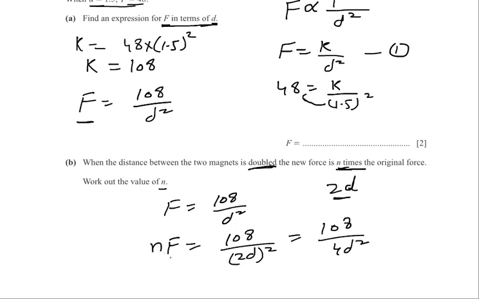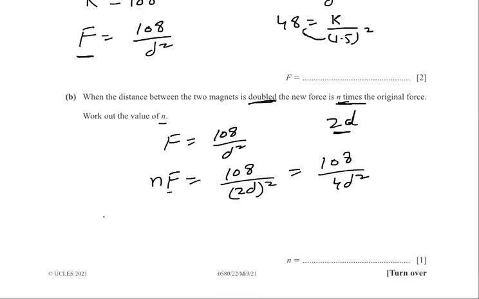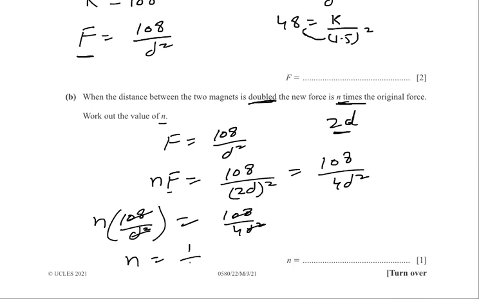Now here put the value of F. What is F? 108 over d squared. I will have n times 108 over d squared equals 108 over 4d squared. d squared cancels with d squared, and 108 with 108, so n will be 1 over 4.